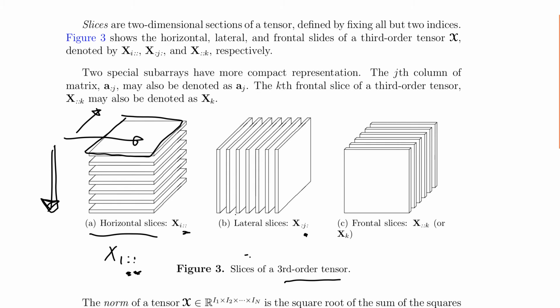For example, this lateral slice here will be the second one, so x colon 2 colon, something like that. And we can have a frontal one, for example the third one here, x colon colon 3. So this is just a very simple concept.